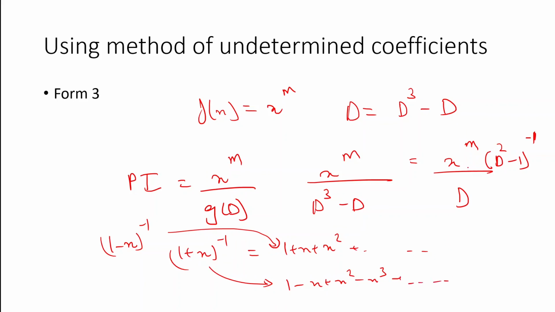But we don't have to consider infinity terms. So here's what we'll do: d we'll take out, so we'll get d square minus 1, then we'll take out negative 1, make this 1 minus d square, so it is 1 minus x. So it is like writing negative of x to the power m by d times 1 plus d square plus d to the power 4, and so on.